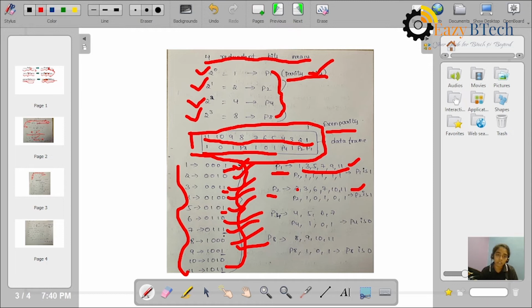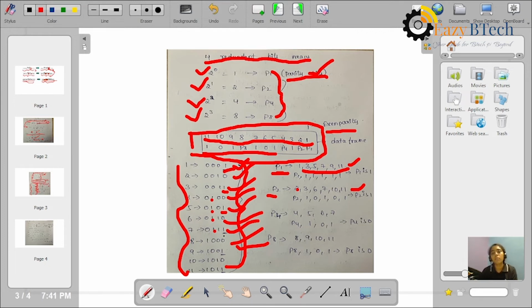Next P4. P4 means the fourth position ones. See, 4, 5, 6, 7.